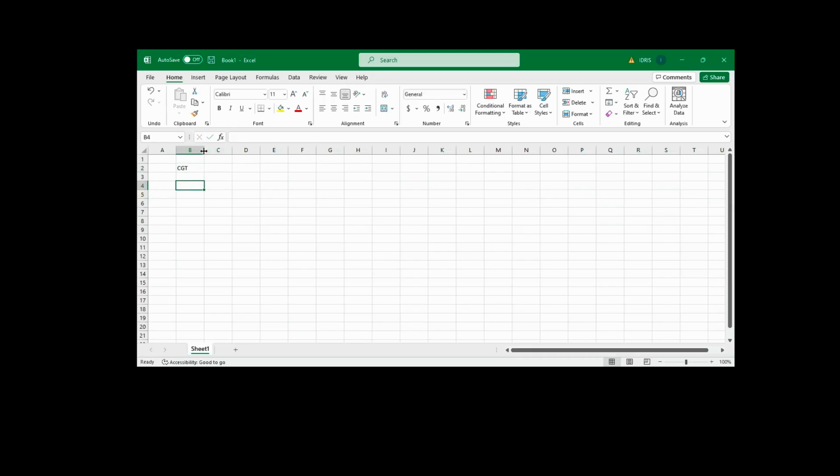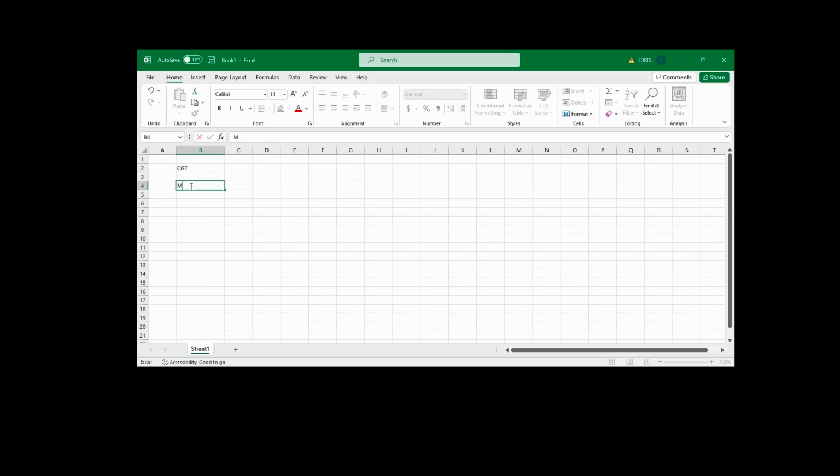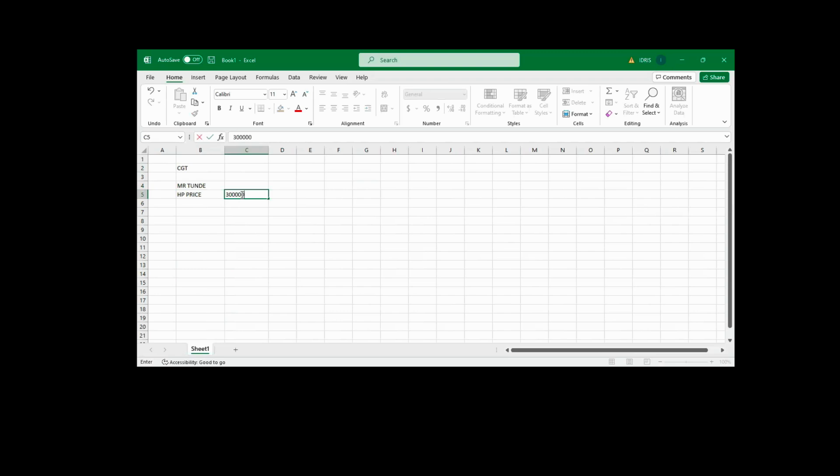Let me give an example. Mr. Tunde buys an asset on hire purchase. The hire purchase price he buys the asset at is 300,000. The cash price, assuming he was buying on cash, will be what?